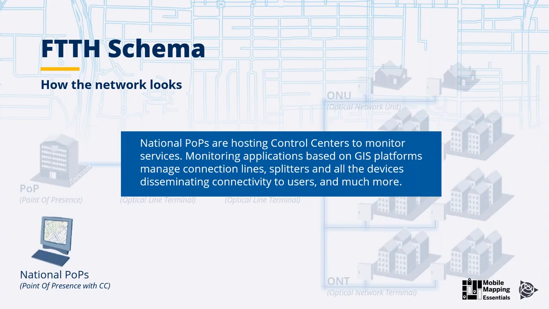And you have databases with the users, the location of the user, the building, the number of the building, the identifier of the buildings or the houses, and all this kind of technology is also supported by quite powerful GIS platforms, where all this information is managed graphically, and from where the operators can see in real time whatever issues might happen in terms of connection issues, problems with the line.